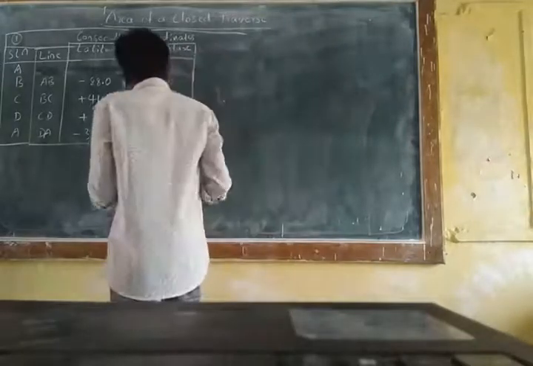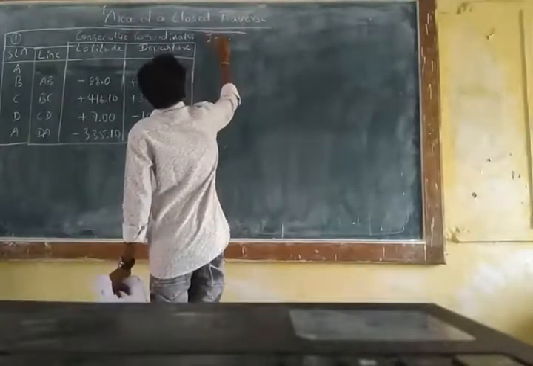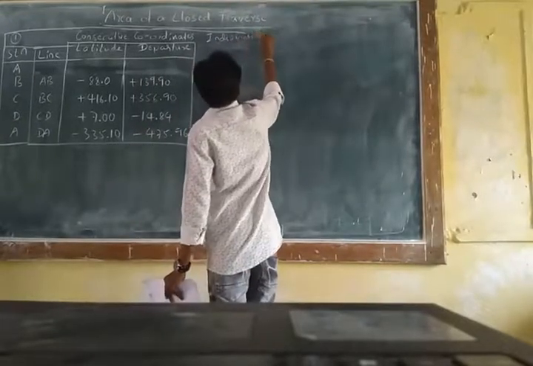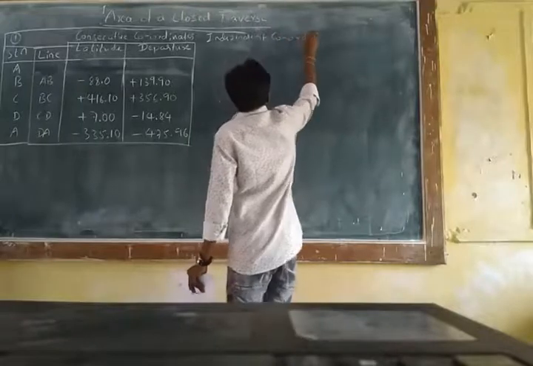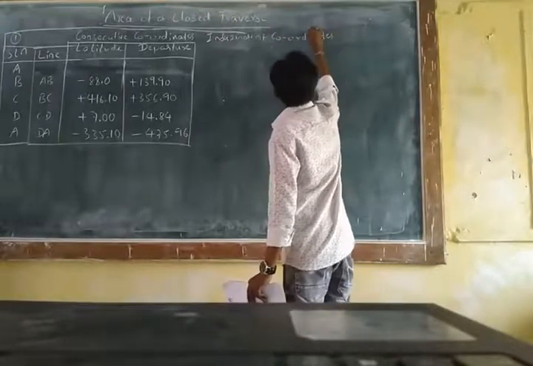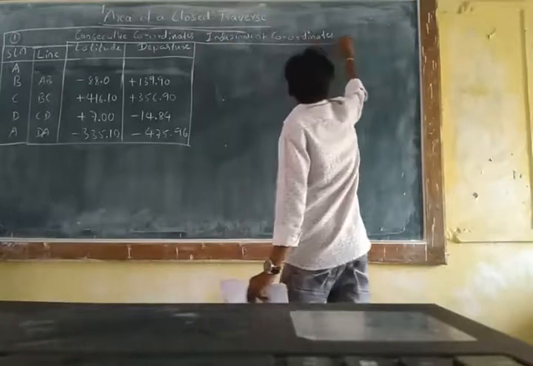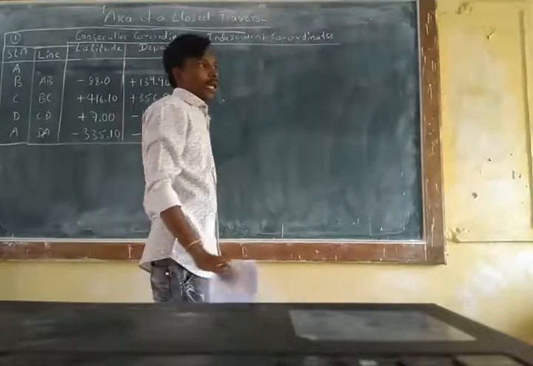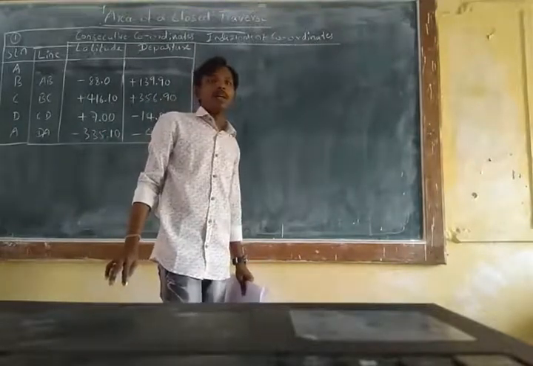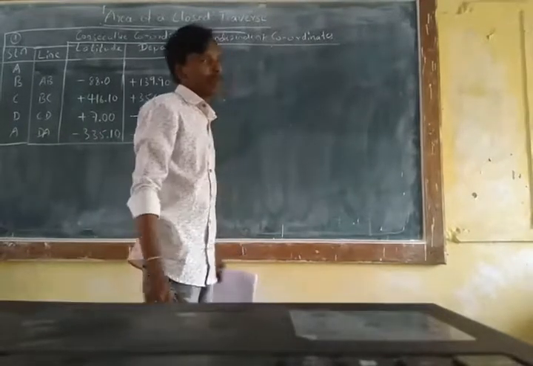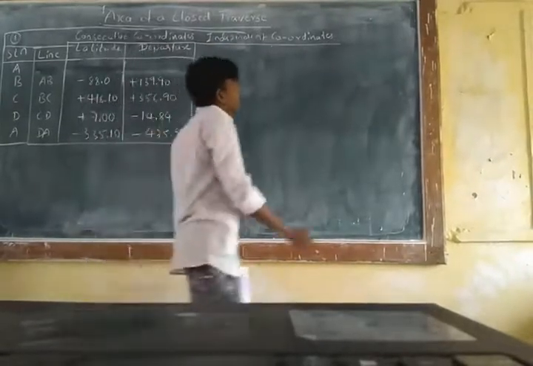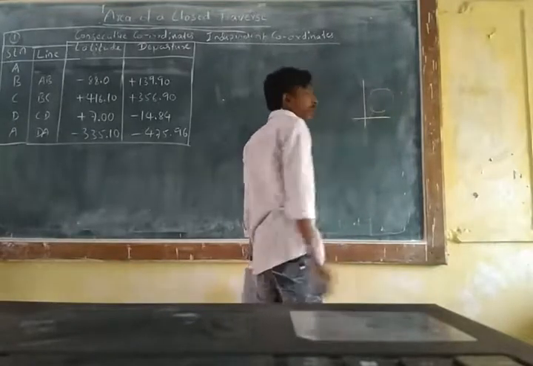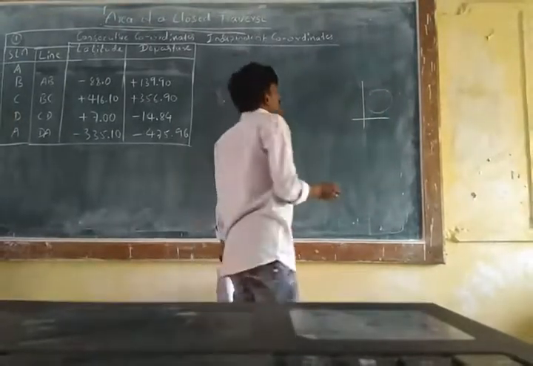So now extend the table: independent coordinates. Always, as I said, both the independent coordinates x and y will be positive. That means if both coordinates are positive, then the traverse lies only in the first quadrant.